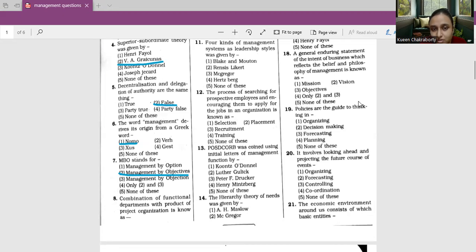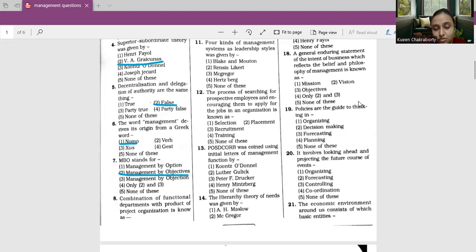The first question that we are going to do, question number 11, says: four kinds of management systems as leadership styles were given by: number 1, Blake and Mouton; number 2, Rensis Likert; number 3, McGregor; number 4, Herzberg; and number 5, none of these.